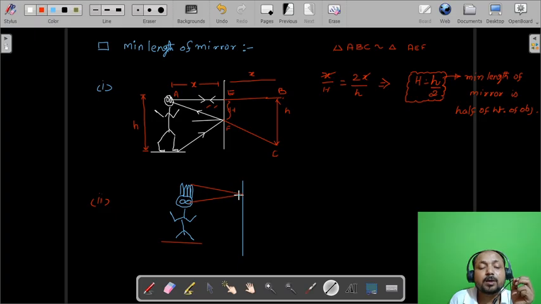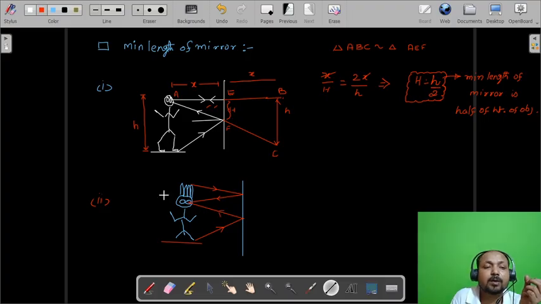There can be other cases we will discuss later, in which the observer will be different. So this is the incident ray and this is the reflected ray. Here also this is the incident ray and this is the reflected ray.